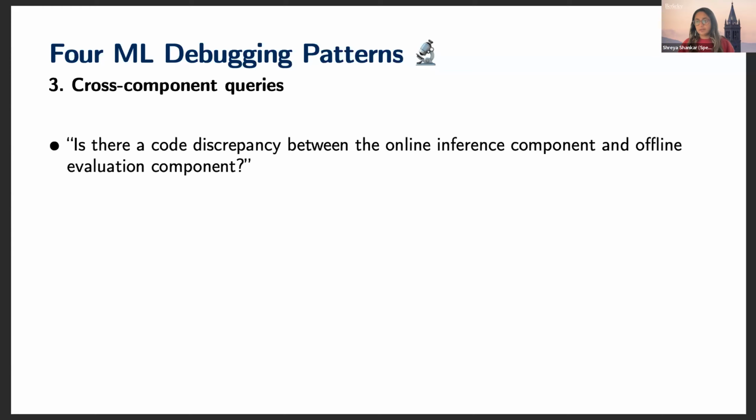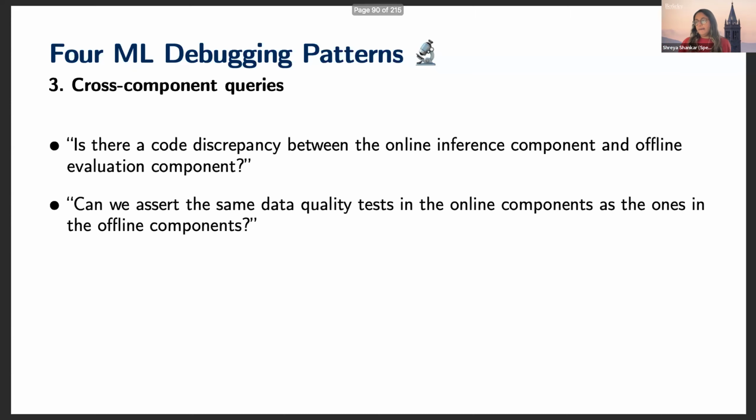This is fairly stateless. We just need to figure out that there isn't a bug when rewriting it to the online setting. Can we assert the same data quality tests in the online components as we do in the offline components? Let's say we assert that these feature columns are not null. Can I run my offline tests in the online setting and make sure my assumptions are still holding?